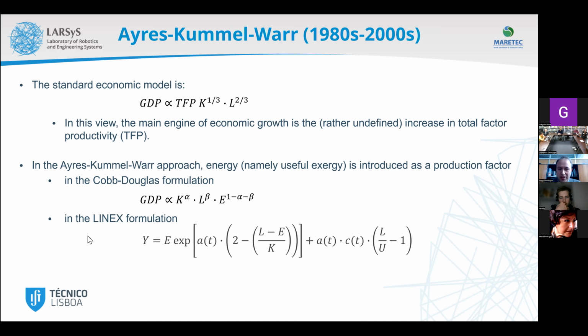Both in their semi-standard approach of using Cobb-Douglas and then in this LinEx aggregate production function that was developed by Rainer Kummel, which is also a production function of energy, labor, and capital, but with this small sophisticated form you see here, which has some underlying assumptions.